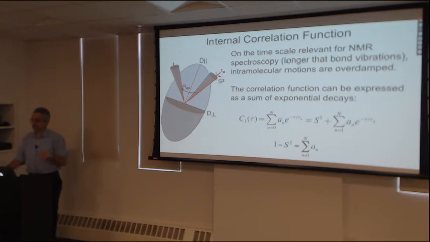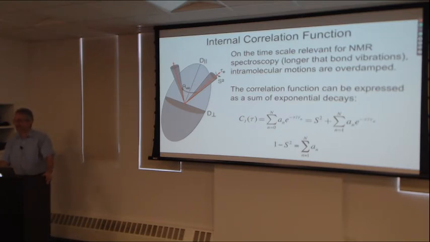Now, the internal motions on the time scales that we're interested in, by the time we get out to picoseconds, as far as I know, there's little evidence for any underdamped motions in proteins or other biological macromolecules. Maybe Anne wants to weigh in on that.